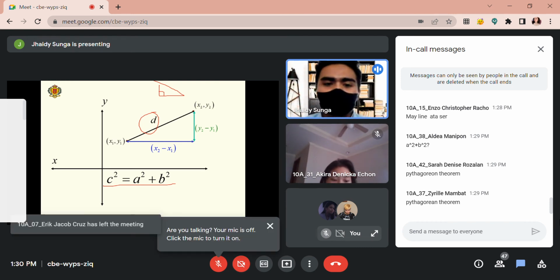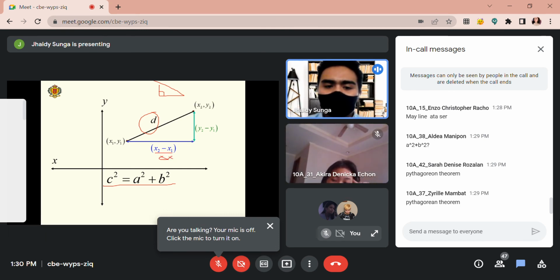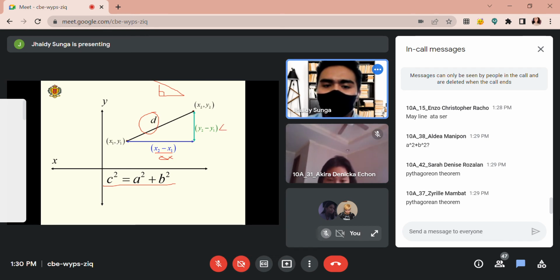What are the givens that we have? This x sub 2 minus x sub 1 is also known as delta x, right? How about this y sub 2 minus y sub 1? It is also known as delta y, right? So if we have c squared, a squared, and b squared, and we are to transpose, what will be the formula?